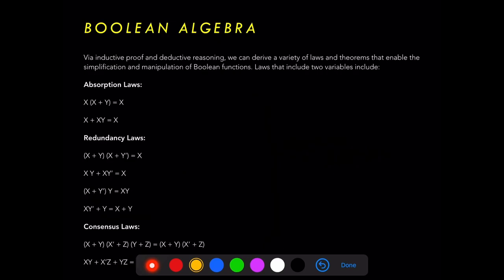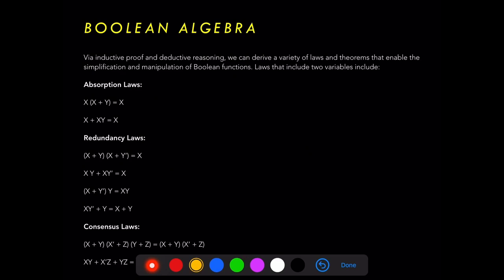This next slide here looks at a variety of other laws that come in handy, and to prove any of these laws we could use perfect induction. We could use a combination of perfect induction and deductive reasoning, or we could use deductive reasoning alone.